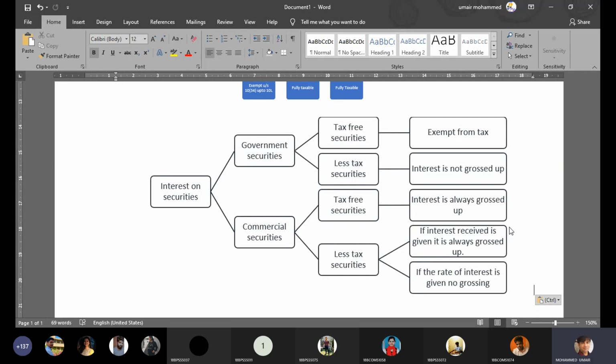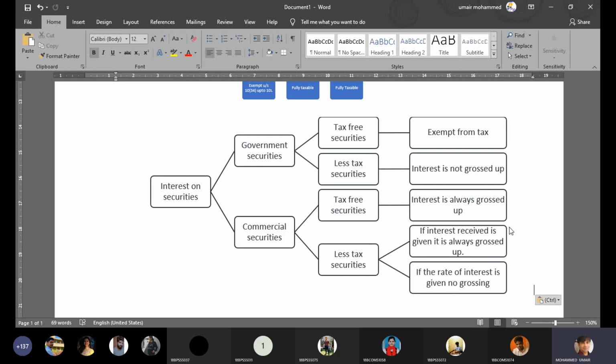This is something which most students get confused about while solving the problem. They think a government company comes under government securities. No. Government securities are securities issued by either the central or the state government. But commercial securities are those issued by companies.